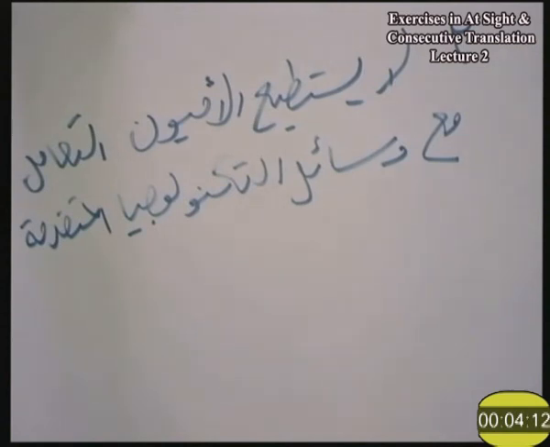Okay. All right. The uneducated have no access to advanced technology means that they are not able to do it. لا يستطيع الأميون التعامل مع وسائل التكنولوجيا المتقدمة.